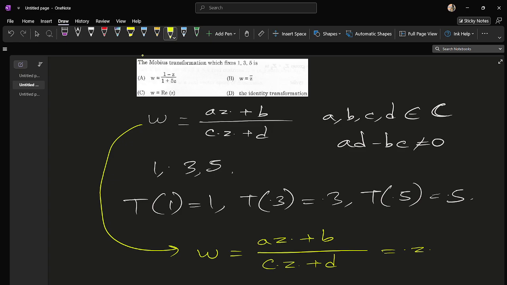So since we are given three fixed points here, the only Möbius transformation that satisfies the condition is the identity transformation. So the correct answer of this question will be the identity transformation.